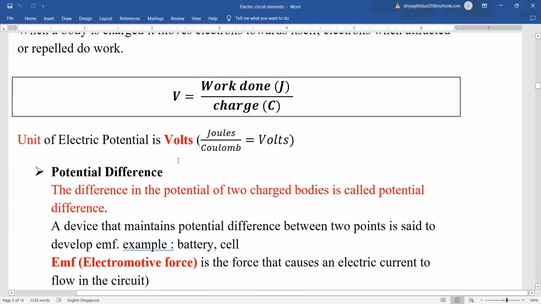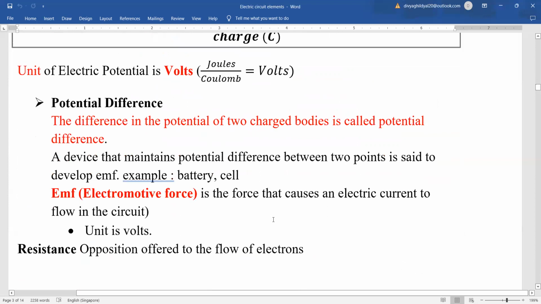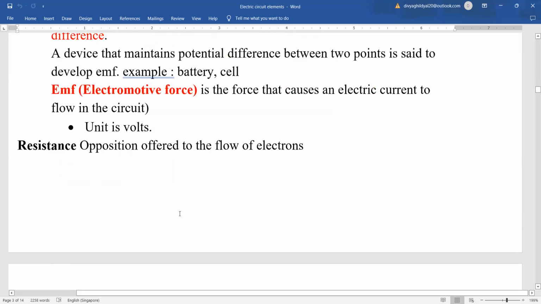Potential difference is the difference in potential of two charged bodies. A device that is maintaining potential difference is known as a battery, which is a combination of cells or a single cell. EMF or electromotive force is the force that causes an electric current to flow in the circuit.